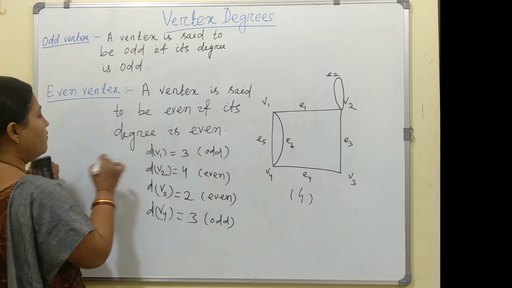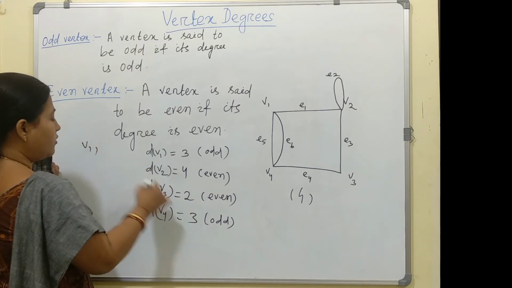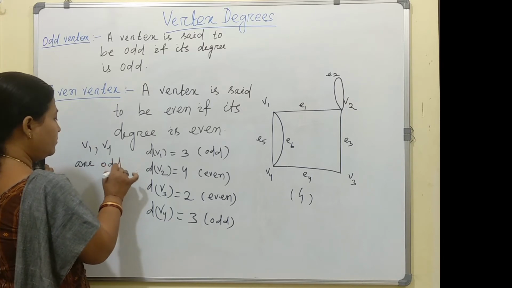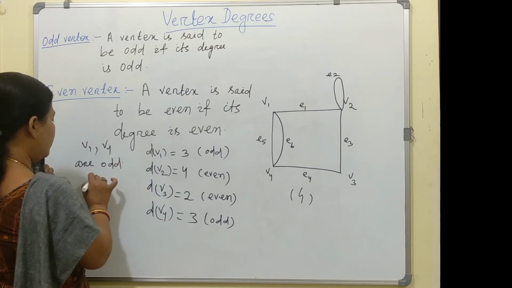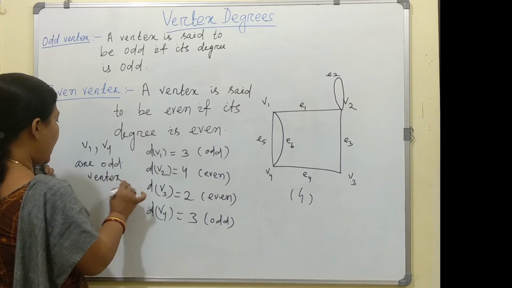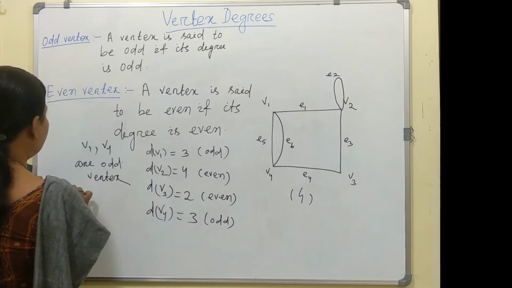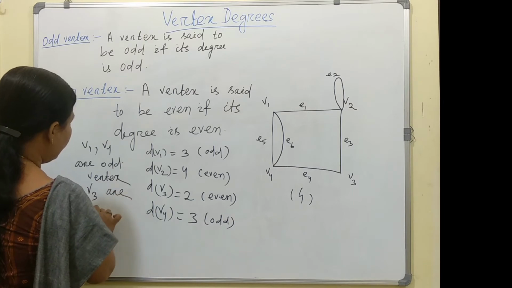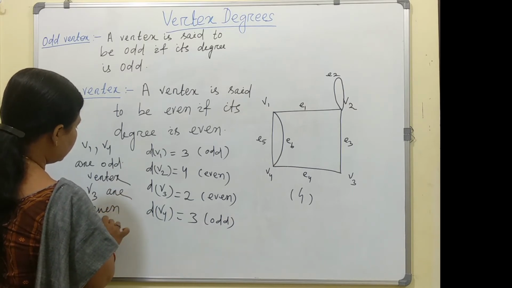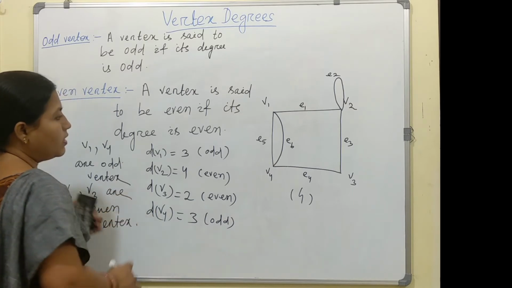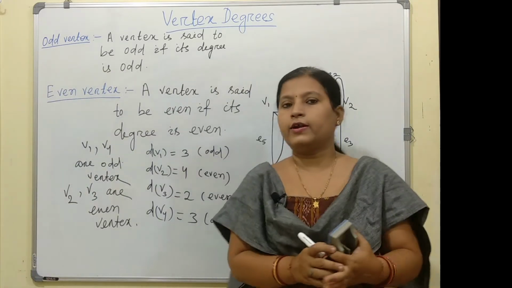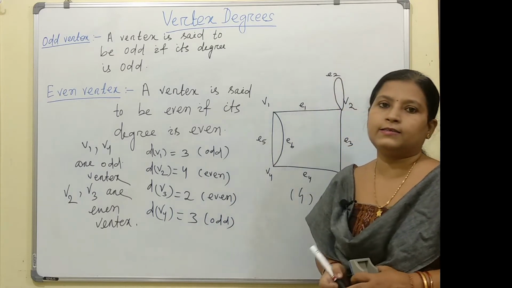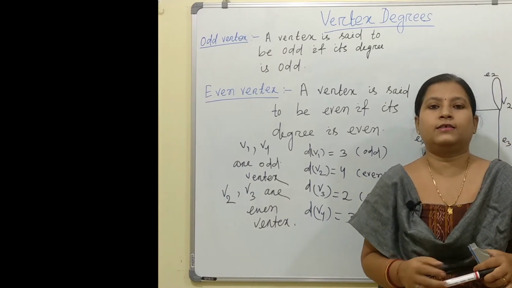So here V1 and V4 are odd vertices, and V2, V3 are even vertices. So there are 4 vertices, 2 vertices are odd and 2 vertices are even.